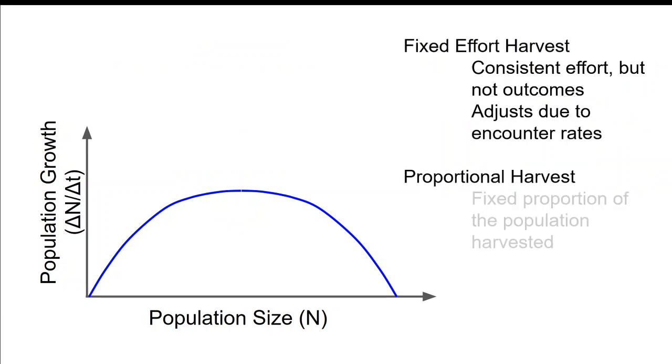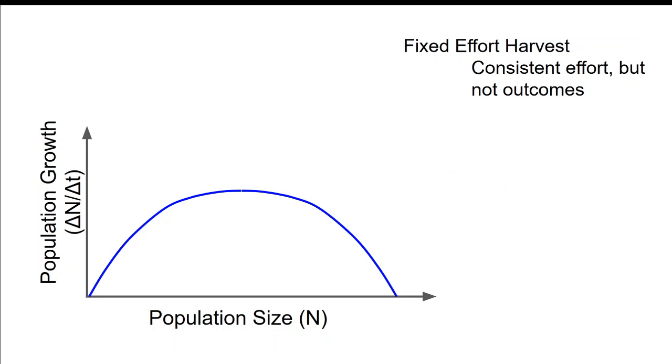So if we look at that, there are a couple of ways that we can modify that and do a little bit better job, be able to treat that population in ways that will allow it to sustain itself. There's the idea that we could exert fixed effort over time. So the idea is that the effort is consistent, but not necessarily the outcomes.